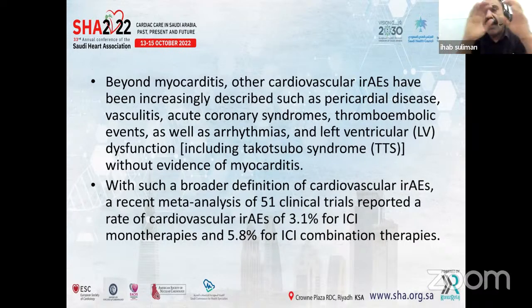So overall, it will not exceed 5% of those treated, and the risk will be higher with combination immune therapy.